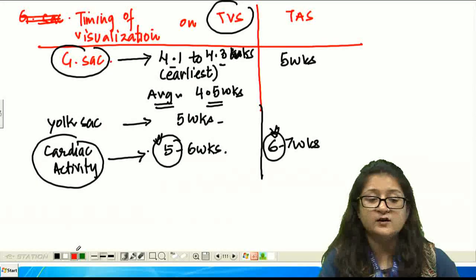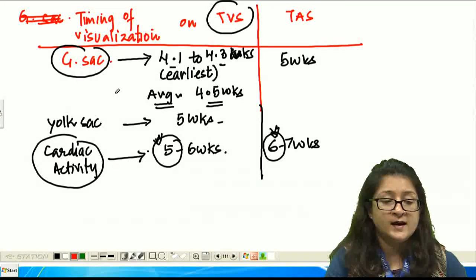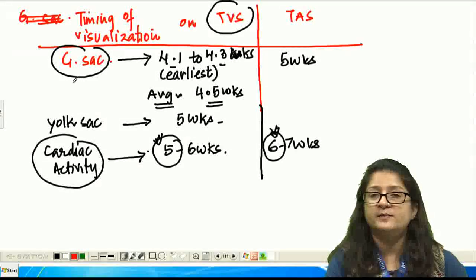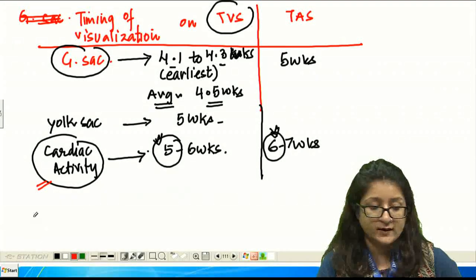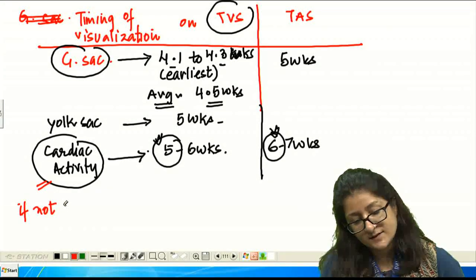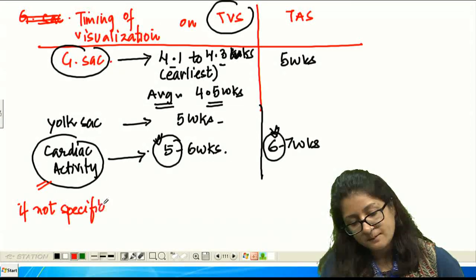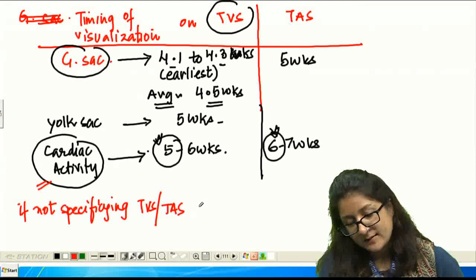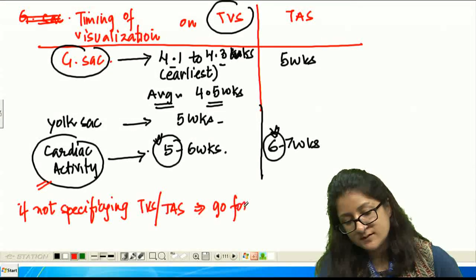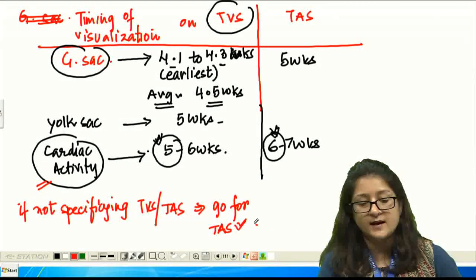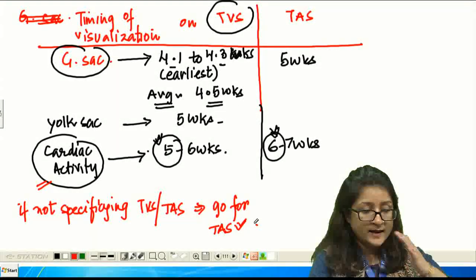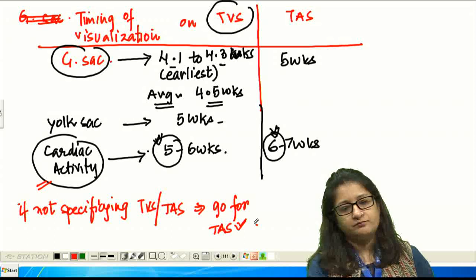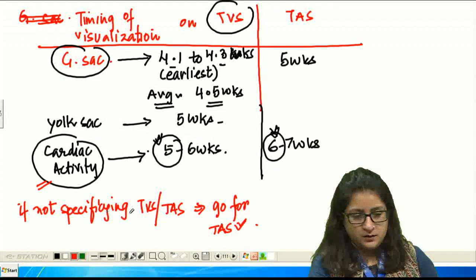Now if in the question they are not specifying, they are asking when the gestational sac or cardiac activity can be seen earliest by ultrasound, and they are not specifying whether TVS or TAS, then we go for TAS, the transabdominal answer, because whatever is seen on transabdominal is seen on transvaginal.